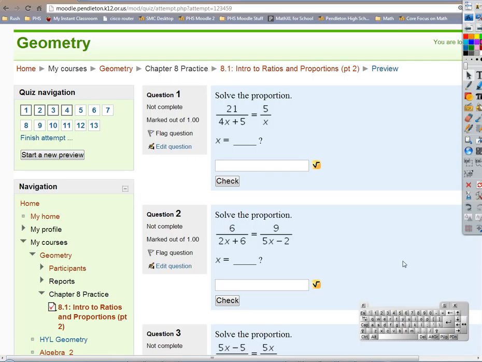Okay, notice these are harder looking ratios. How do we deal with stuff like this? Same way. If I want to solve that first equation, whenever I have a ratio equation, I always cross multiply to solve it. But what do I get this time if I cross multiply?